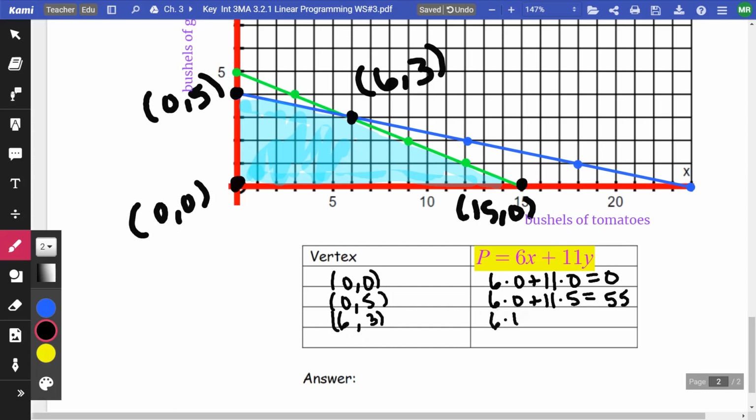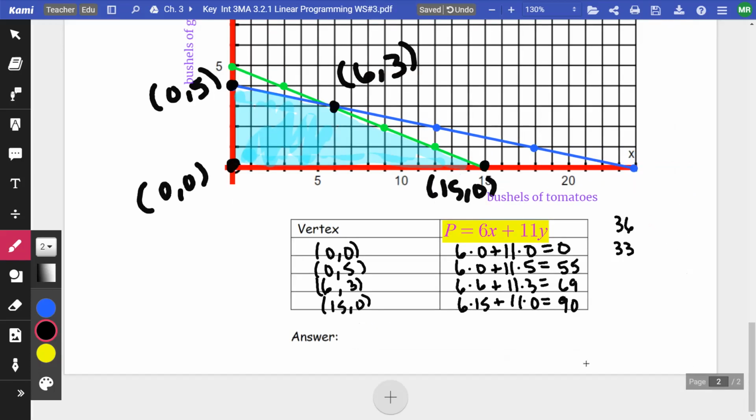So it's going to be 6 times 6 plus 11 times 3. So that's going to be 36 and 33, so that'll be 69. Then I'm going to try 15, 0. So I'm going to go 6 times 15 plus 11 times 0. And 6 times 15 is going to be 90.